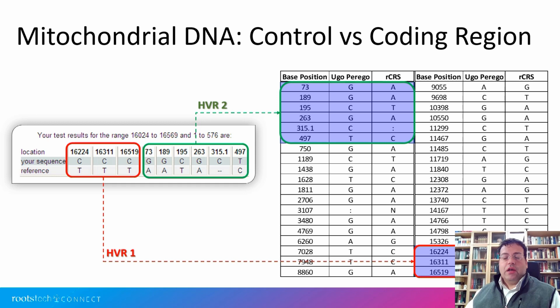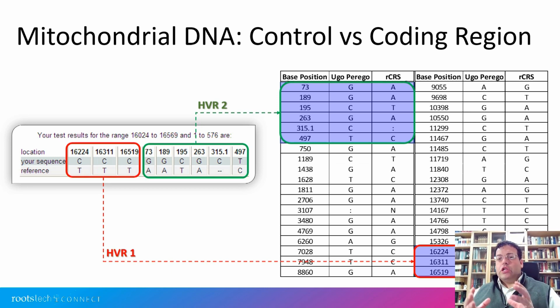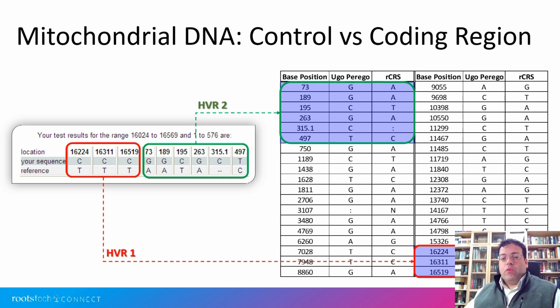It is divided into HVR1, found toward the end of the mitochondrial DNA genome, and HVR2, found at the beginning. The mitochondrial DNA genome is only about 17,000 bases long, which is much smaller compared to our total nuclear genome, which has over 3.2 billion bases.